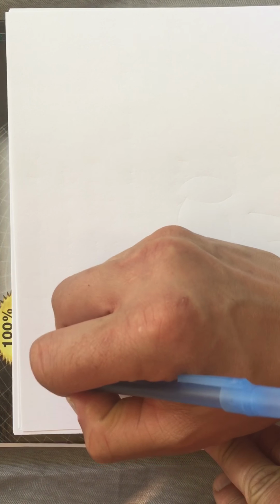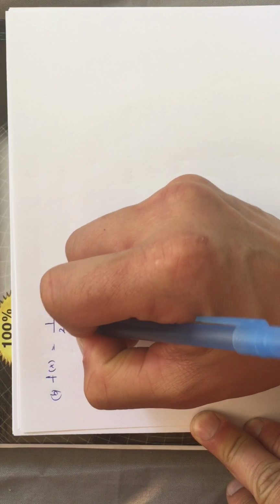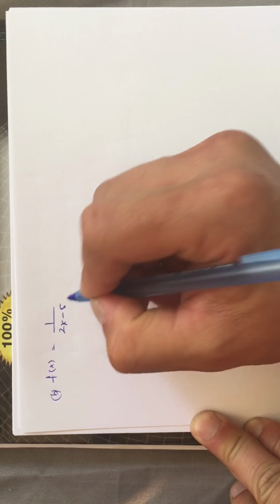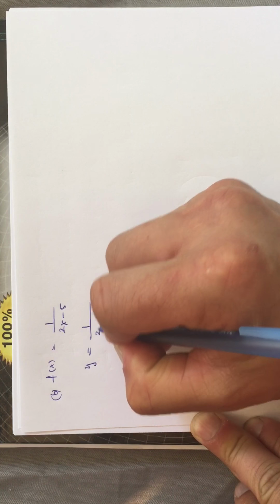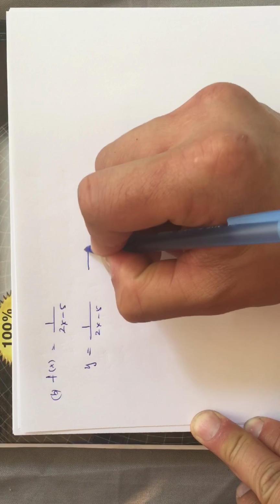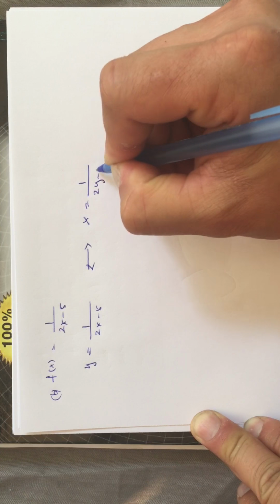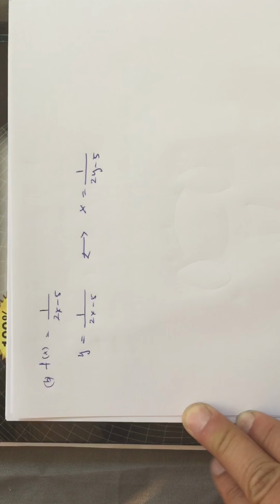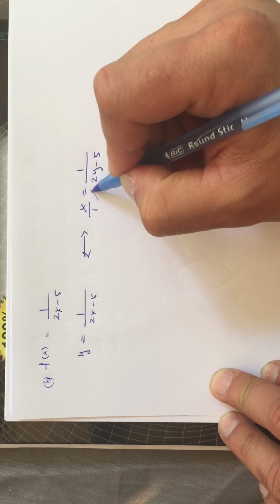So let's try another example, a different function. Part b, f of x equals 1 over 2x minus 5. So y equals 1 over 2x minus 5. Now transform this into x equals 1 over 2y minus 5. How do I deal with this? Change this to a 1 over and cross multiply.